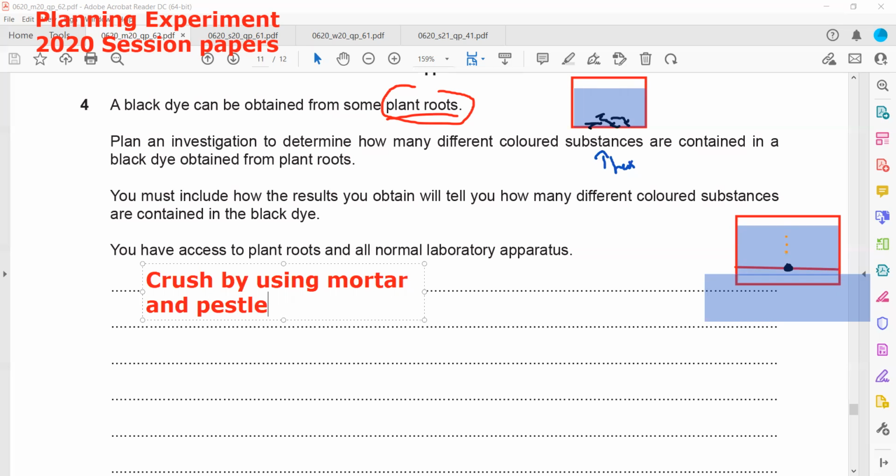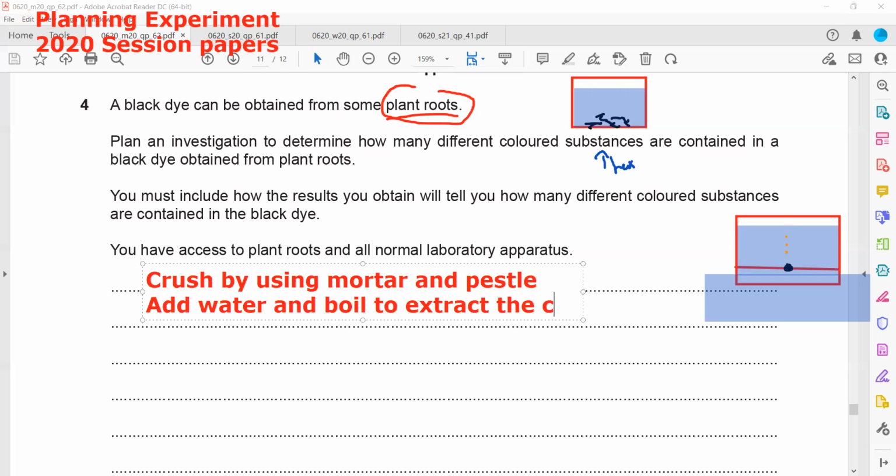Then after crushing, we can add water and boil to extract the color. After we extract the color, we will use chromatography.